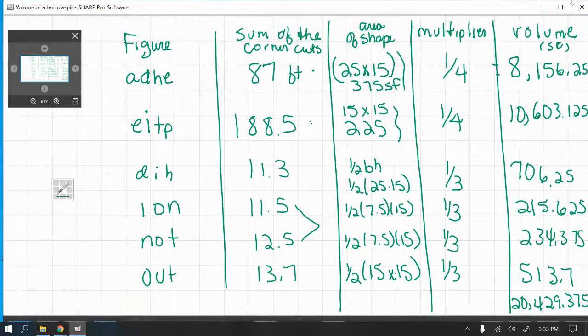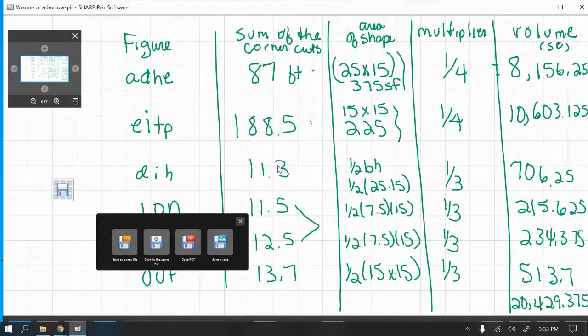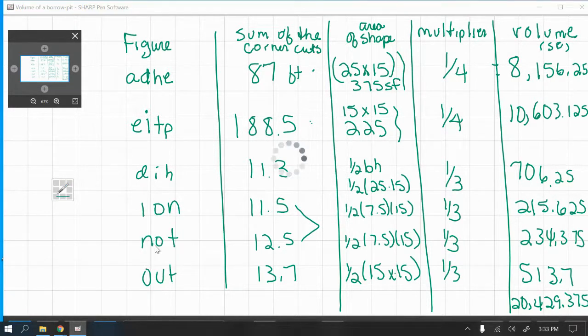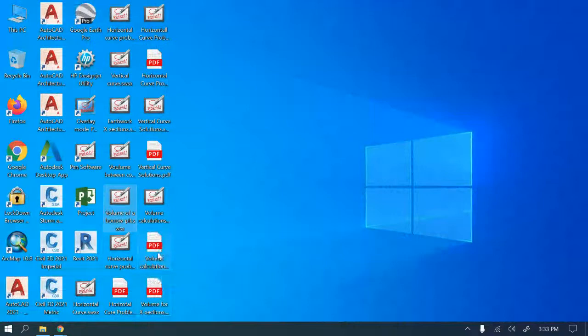So let me save this and this. Go back in, save it as a PDF.